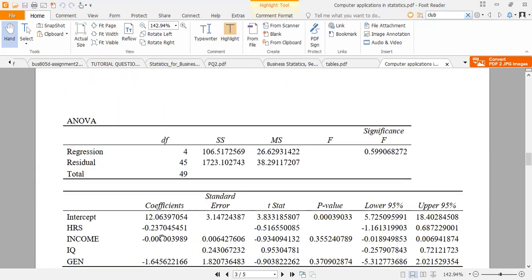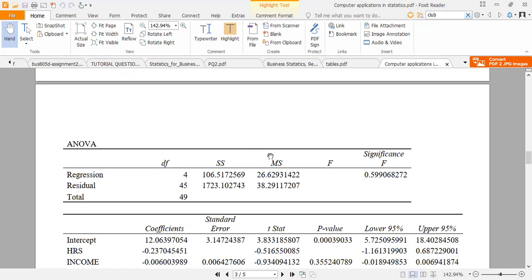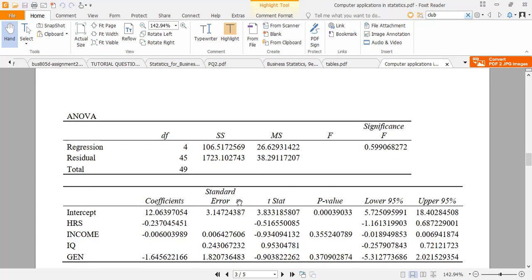This is the ANOVA table, and this ANOVA table is actually the F test. The F test is used to check whether the R square is significant or not.